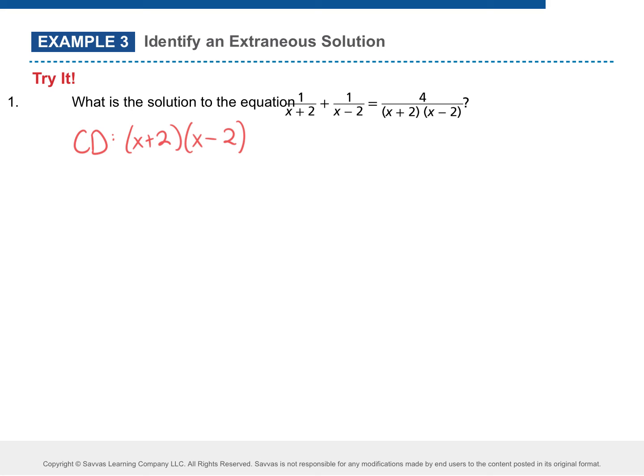So once we have our common denominator, what do I do? Multiply it by the whole thing, right? So everything is getting multiplied by the whole common denominator. Every term.